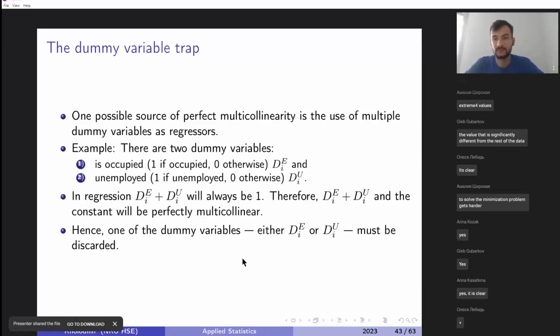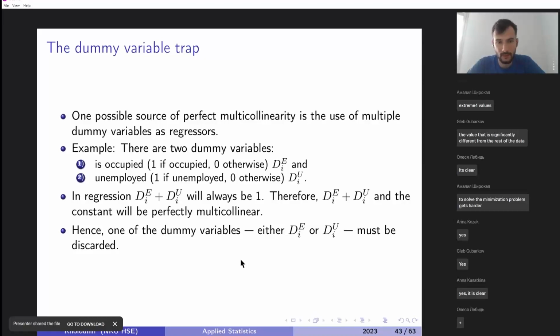If you ask some participants in your survey or observe some data, and you see the parameters that a person is occupied or unemployed, or if the person is walking or not, then if you include both parameters in your model, they're perfectly correlated, because if one is 1, then the second is 0, or the other way around, right?